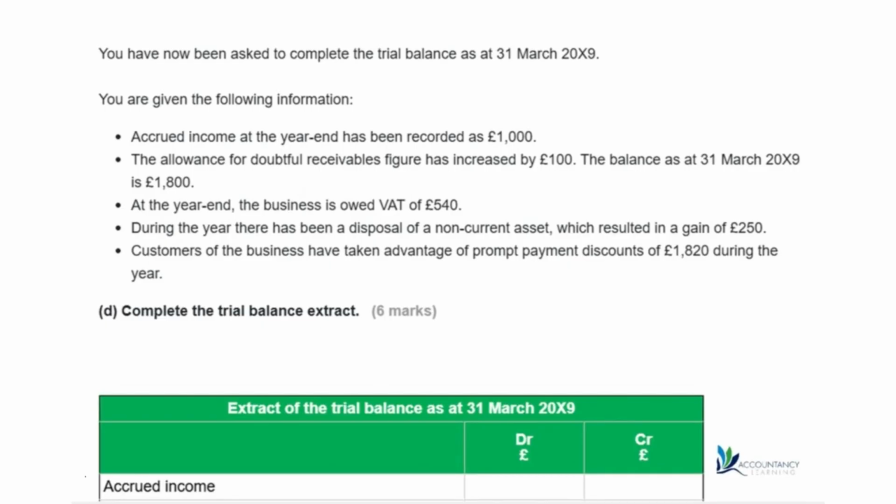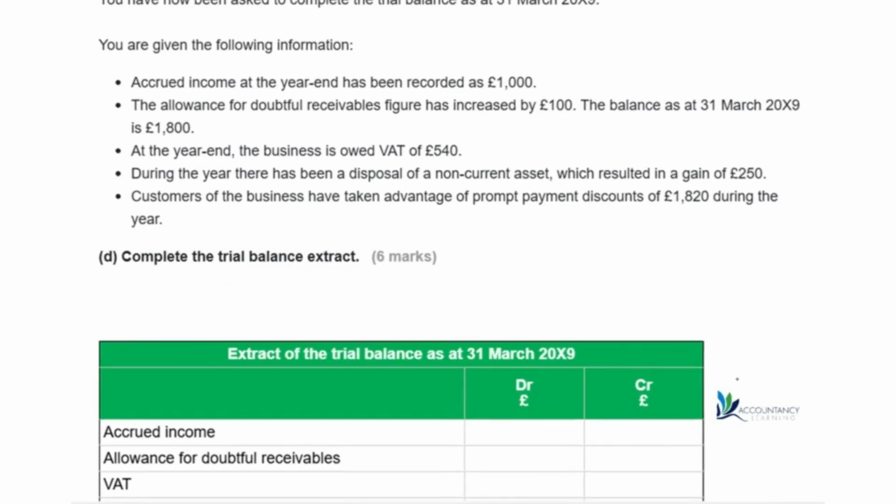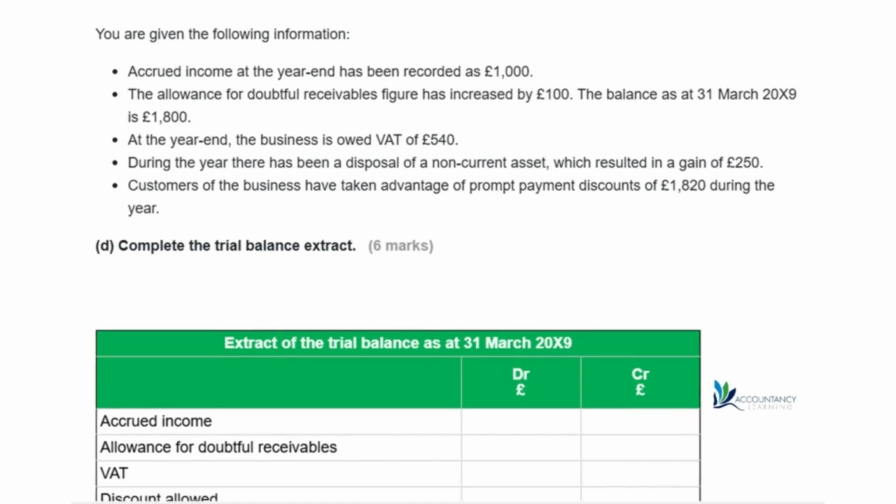You've now been asked to complete the trial balance as at the 31st of March X9, and then we're given some different information. And Part D asks us to complete the trial balance extract. So accrued income at the year end has been recorded as £1,000.